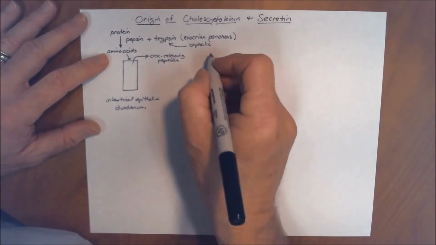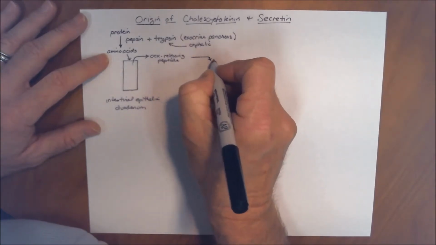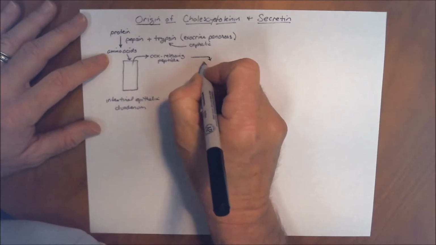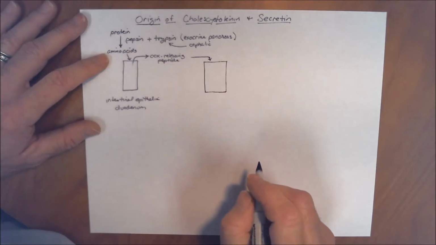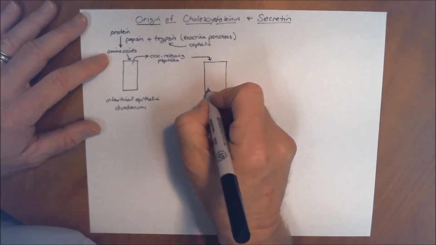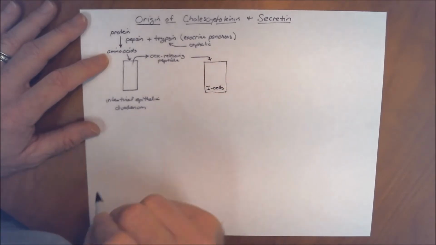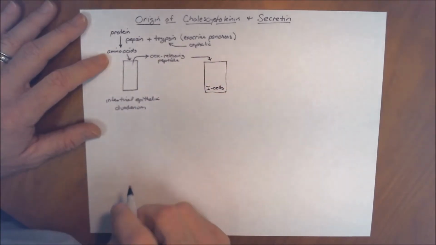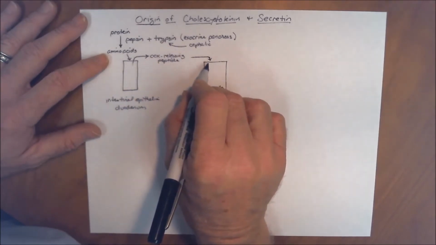Now this small peptide is going to bind to another cell type, again on the intestinal epithelial layer. These are I cells, or intestinal cells. And the CCK releasing peptide will bind to its specific receptor here.